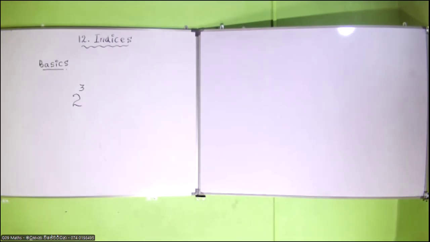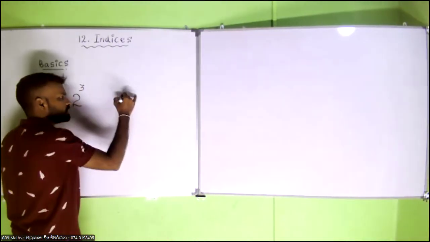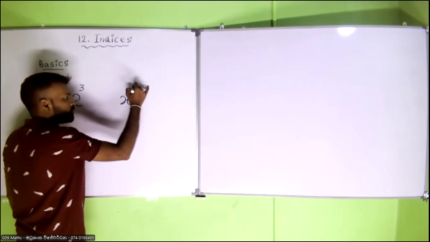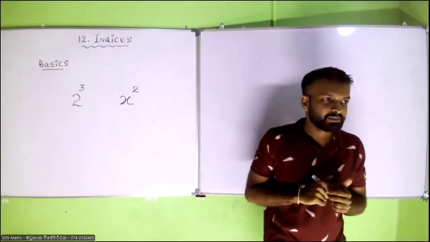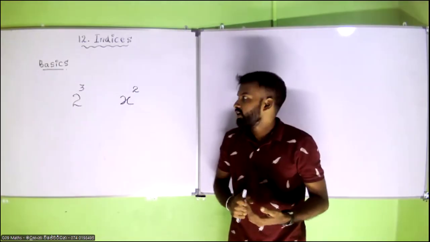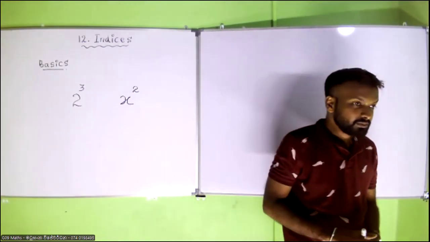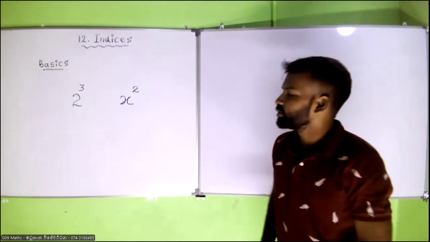If I write x to the power 2, what is the base? What is the index? X is the base. Index is 2. Okay, so you know that.